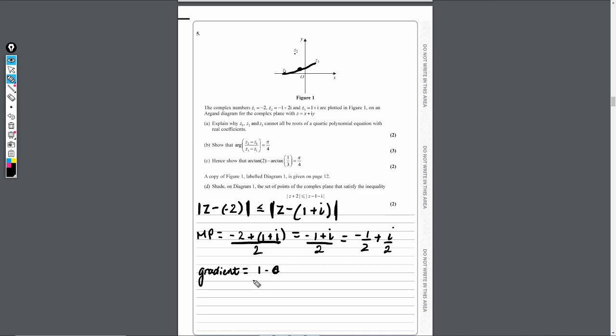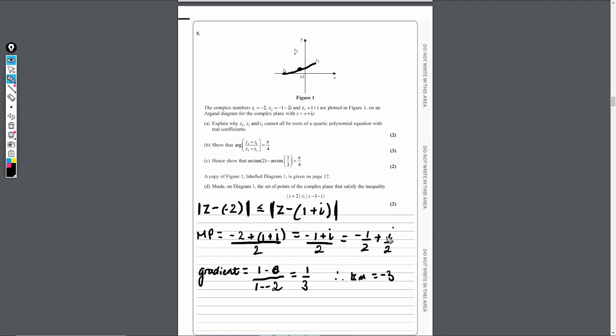So 1 minus 0 over, and it's going to be 1 minus -2. So that's going to give me 1 over 3, but remember we need the perpendicular gradient here, so we take the negative reciprocal. Okay, so my perpendicular gradient is going to be equal to -3.